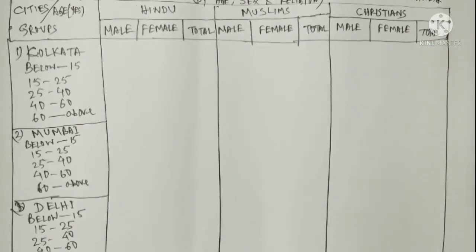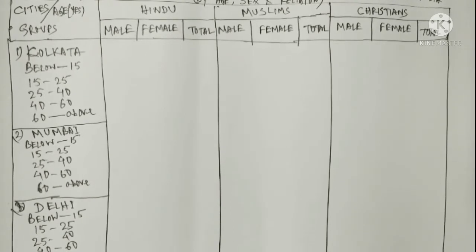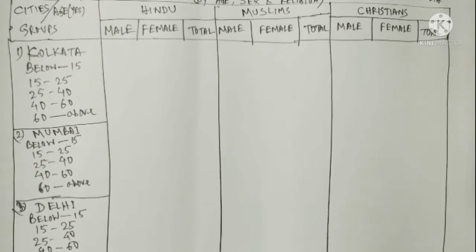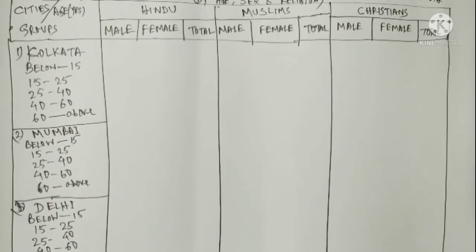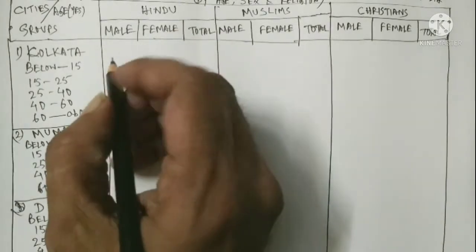This is the blank table, and we can put here data according to the rows and columns which are intended. Now suppose in Kolkata we put here hypothetical data.